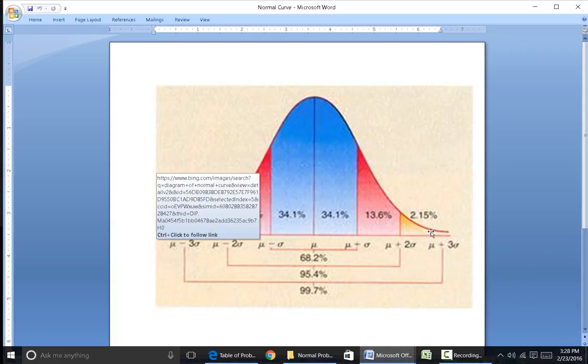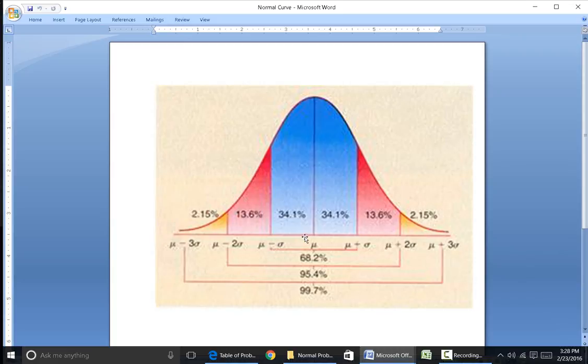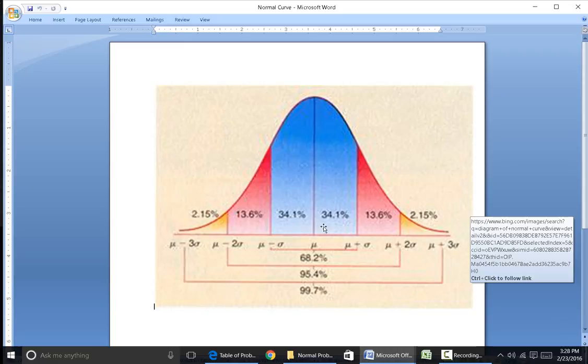Now we can also look at these as probabilities. Okay, so for example, I can look at this and say, okay, if I give an IQ test, what's the probability that any person selected at random from that distribution of scores is going to score between the mean and 1 standard deviation above the mean? In other words, between mu and mu plus sigma, and that would be 34.1%. Okay.